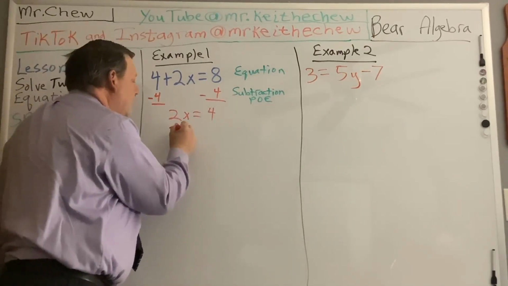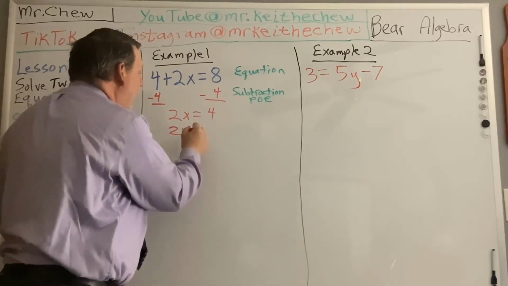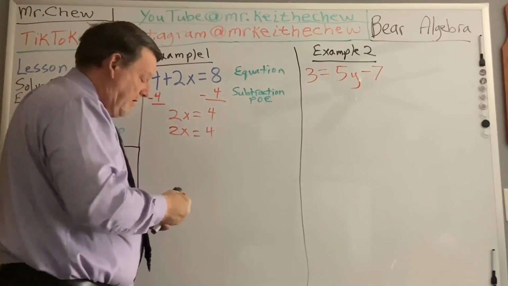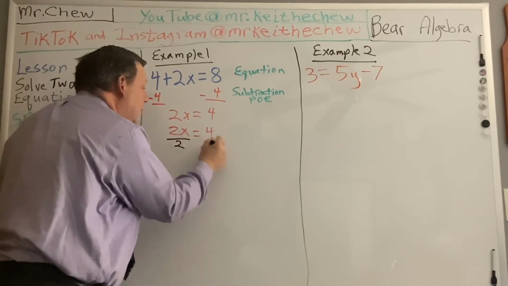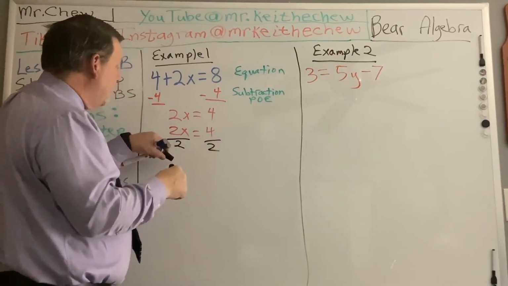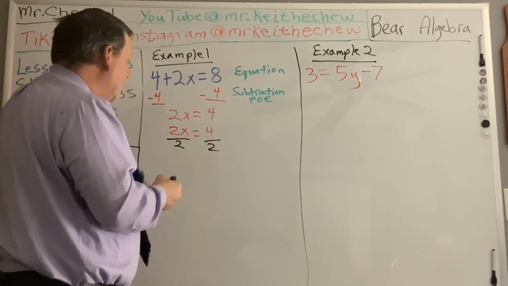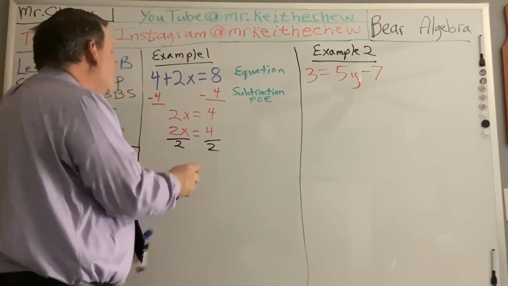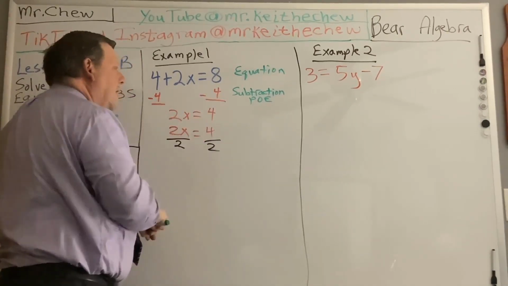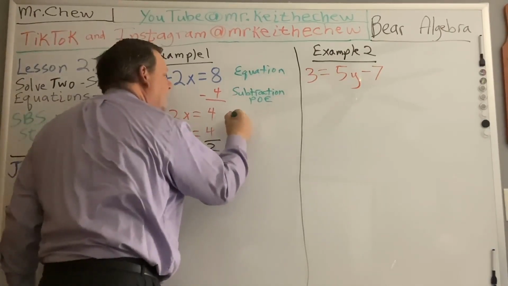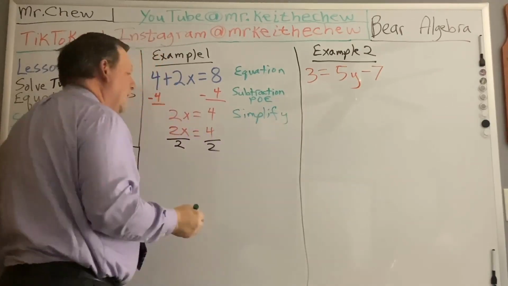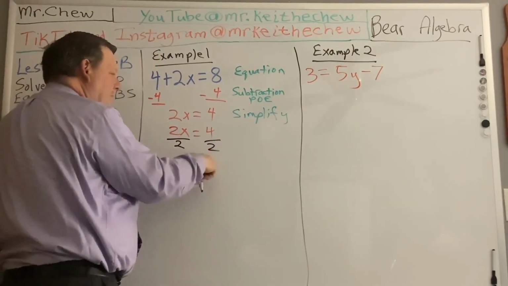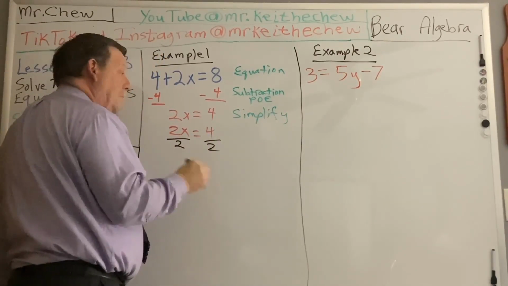So I take my 2x, and another way of writing divide by 2 is to just make it a fraction with a 2 in the denominator. That fraction bar means divide. So when I came down and have my 2x equals 4 here, I simplified that. And now I'm dividing both sides by 2.